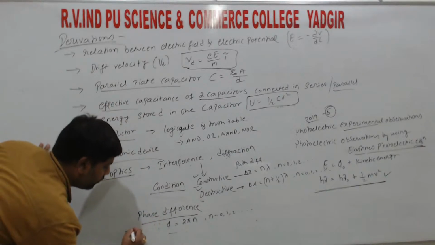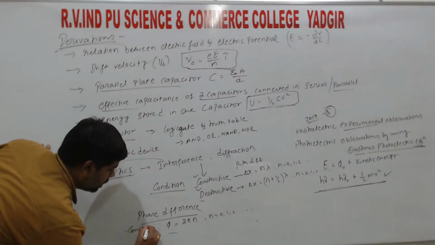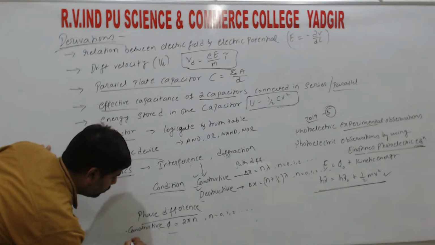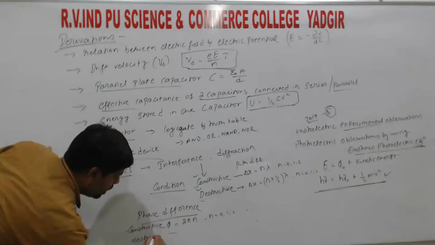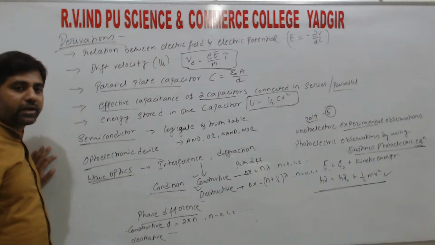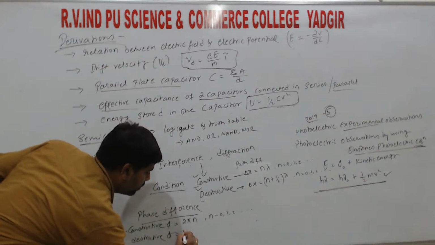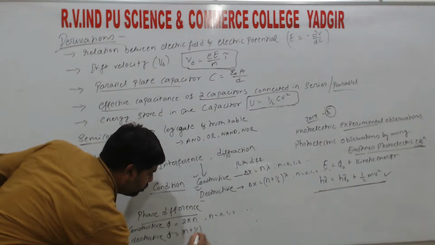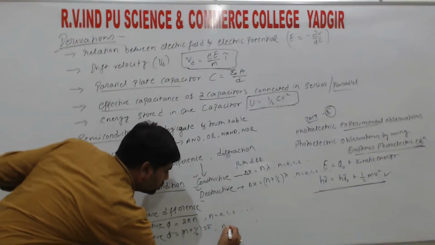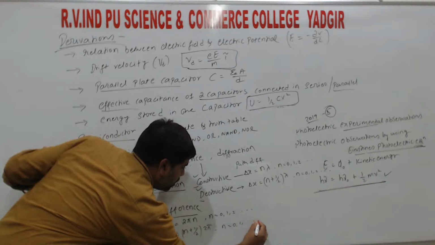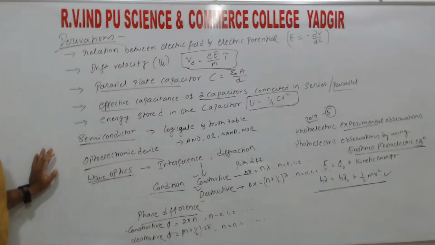So this is for constructive. Another one is for the destructive. For destructive, wherever n is there, we need to substitute 2 pi. So (n plus 1 by 2) into 2 pi. Here also n equals 0, 1 and so on, right.